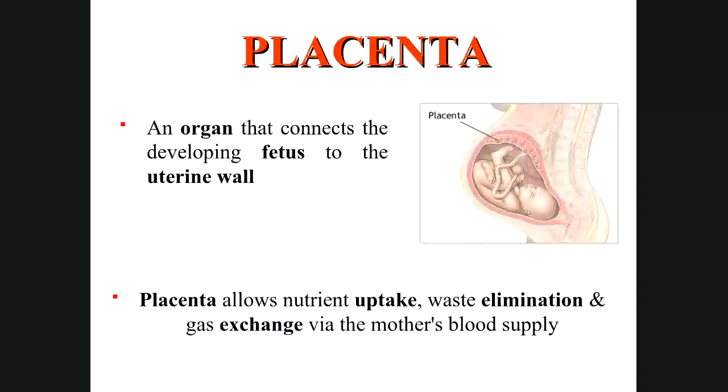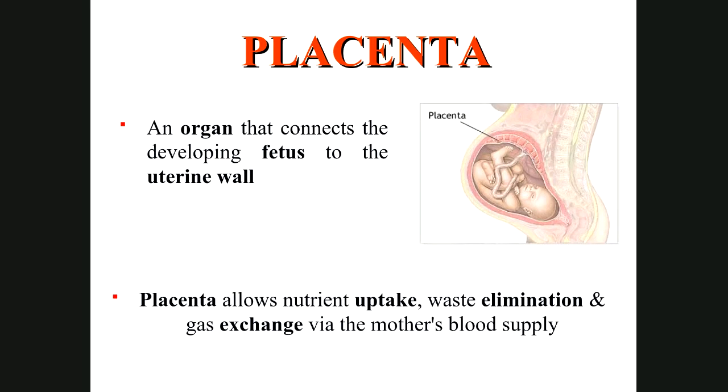So you all know that the uteroplacental circulation began much earlier, when the trophoblast differentiated into two layers, the syncytial trophoblast and the cytotrophoblast. When the syncytial trophoblast started to burrow into the uterine endometrium, creating lacunae, the maternal blood started to flow in those lacunae, the spaces.